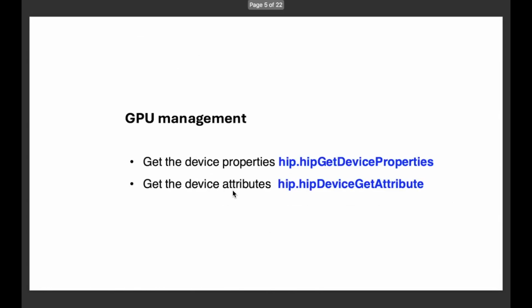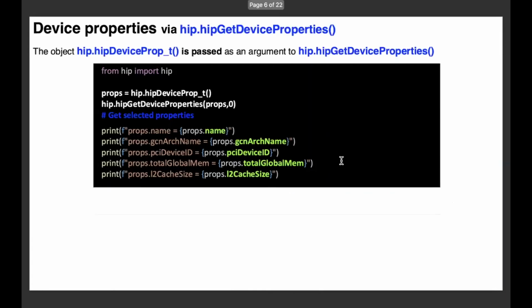So let's start first with how you can do GPU management from the Python interface. There are basically two functions that you can use to access all the properties that are already available there. We will start with the first function, hipGetDeviceProperties.